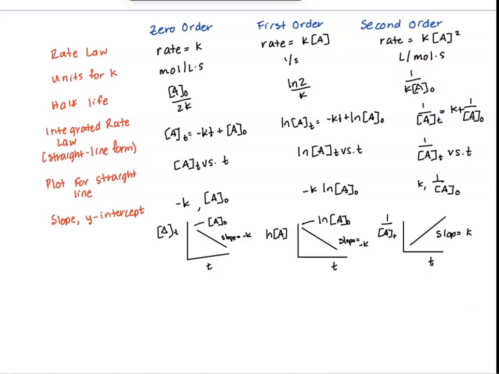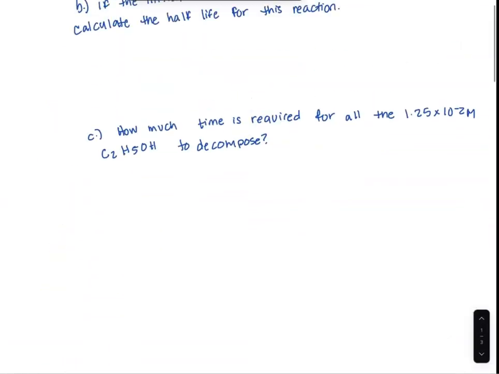We have our rate law, our units, your half-life, your integrated rate law formula, and then your plot for a straight line along with a little chart underneath. This is going to be very helpful for the kinetics portion of the course.